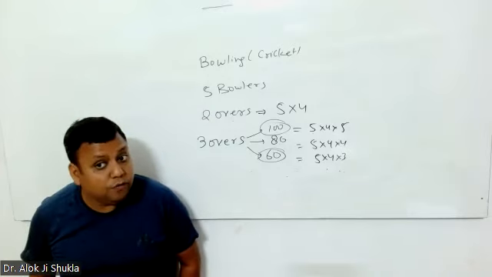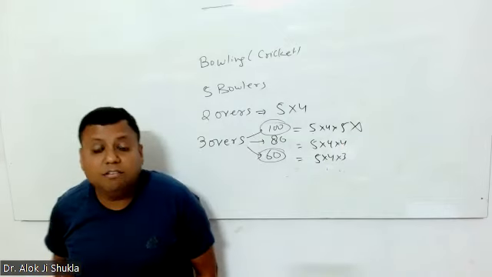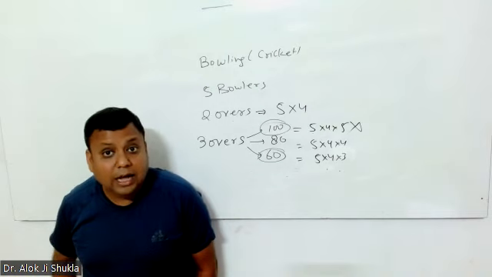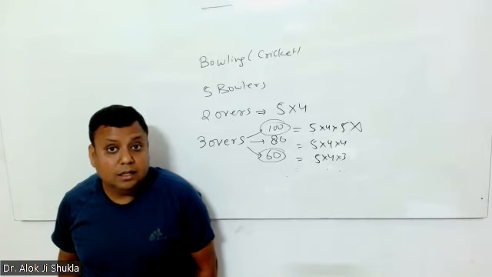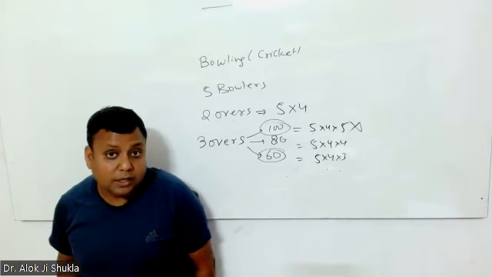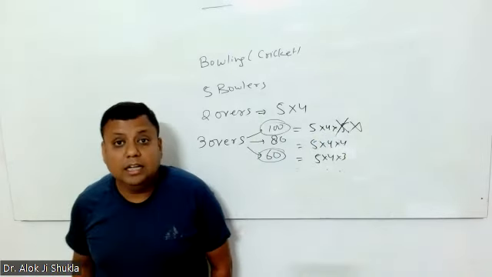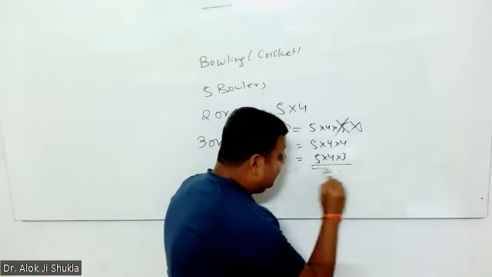That depends on the rule of cricket. We do not have 5 options, because if the first over was bowled by me and the second over was bowled by Alok, then Alok cannot bowl the third over. So we do not have 5 bowlers at the third over stage. And this 3 is also very interesting.